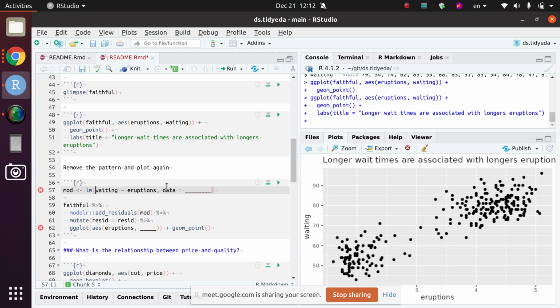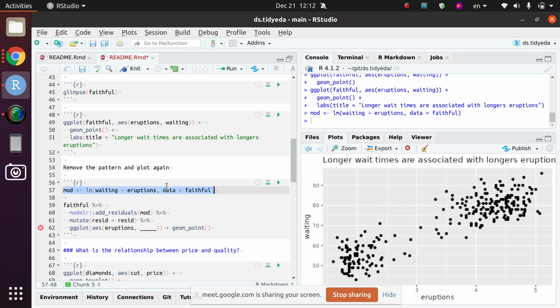This function takes first a formula, then a bunch of other arguments, and finally data. The only 2 arguments that we need are the formula and the data. The others are optional. The data we know is faithful, and we are going to be creating a model to try to explain waiting times in relation to eruption duration. So here is our model.